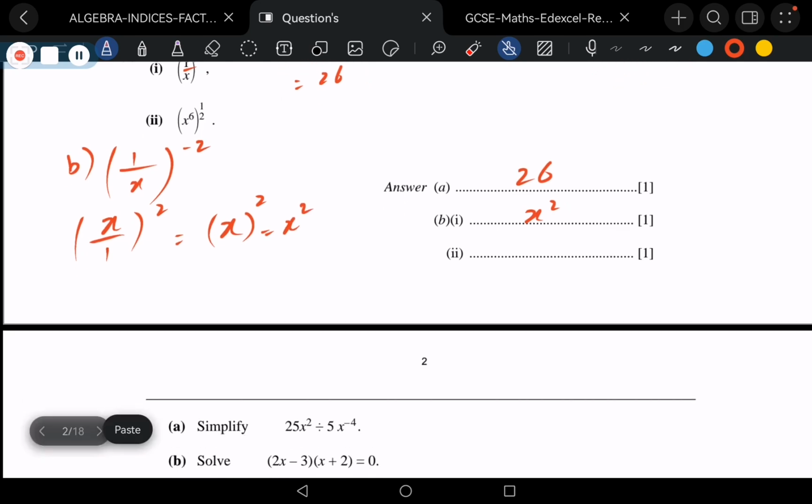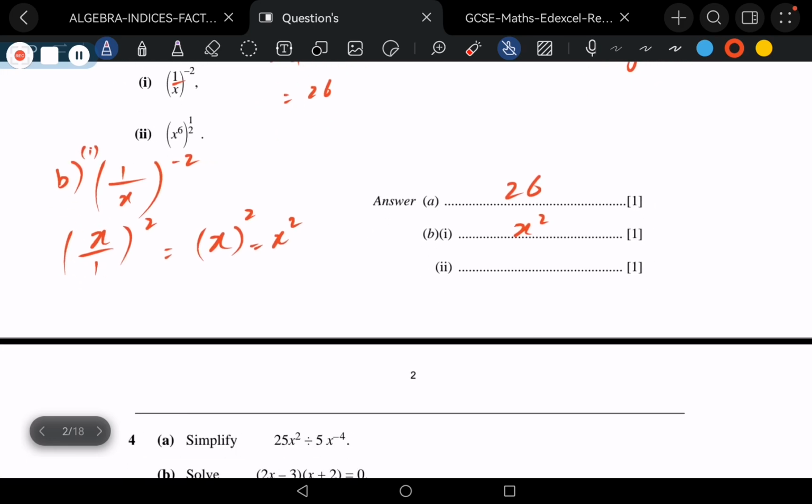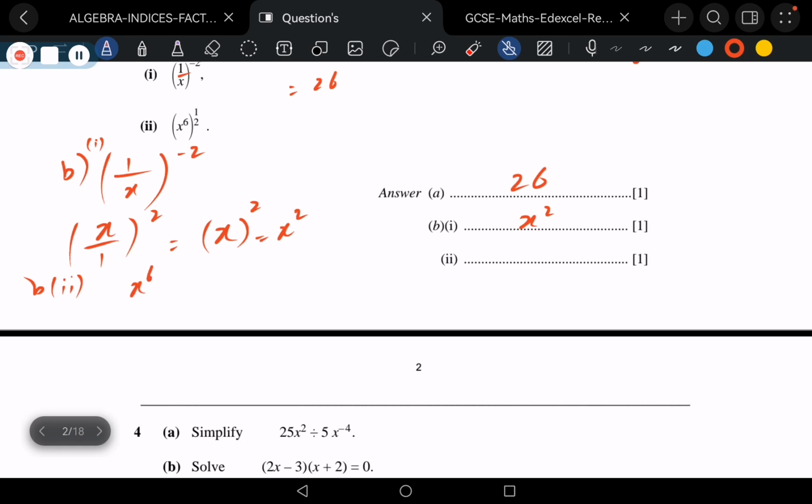Okay. Next, B second part. That was B first. B second. x power 6 and the whole power is 1 over 2. Whenever I'm involving two powers, one inside the parenthesis and one outside, they should be multiplied with each other. 6 times 1 over 2.